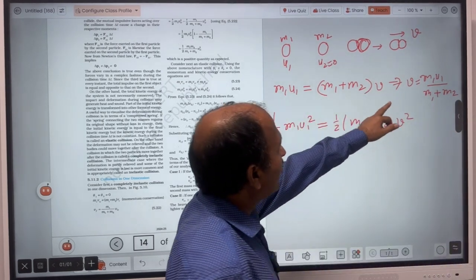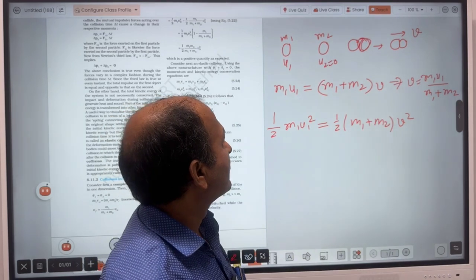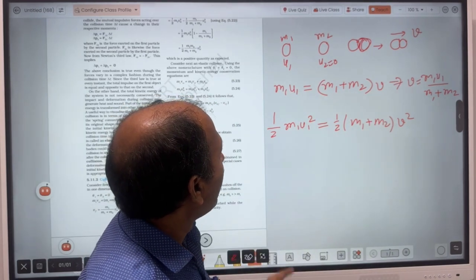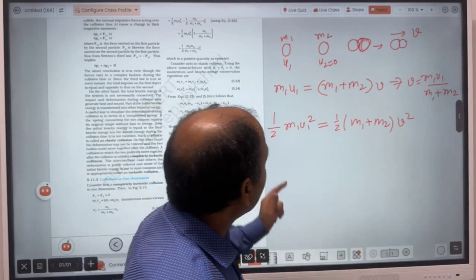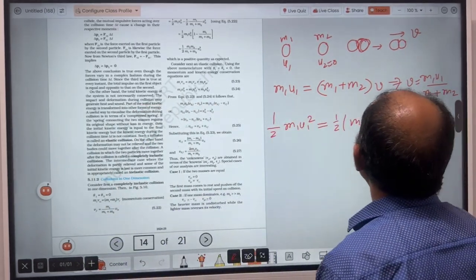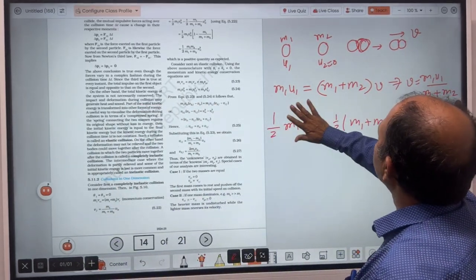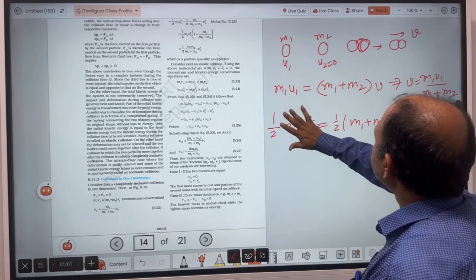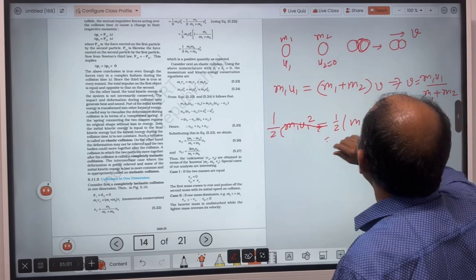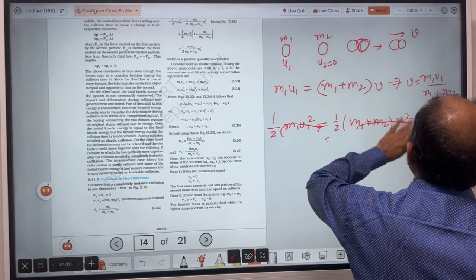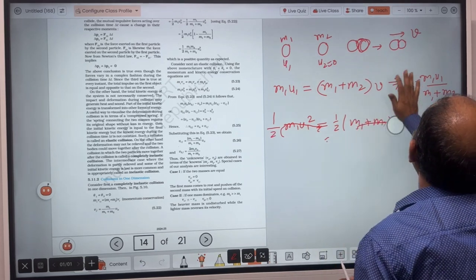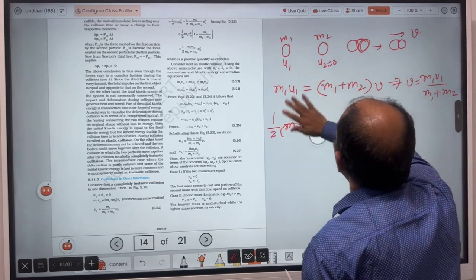We can put the value of velocity here, but what we are doing is equating it. We should not equate. We should check whether this energy, meaning the initial kinetic energy and final kinetic energy, are equal, or the initial kinetic energy is greater than the final kinetic energy.